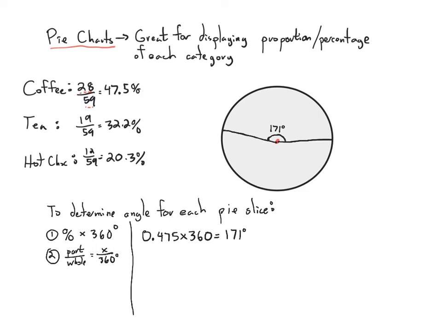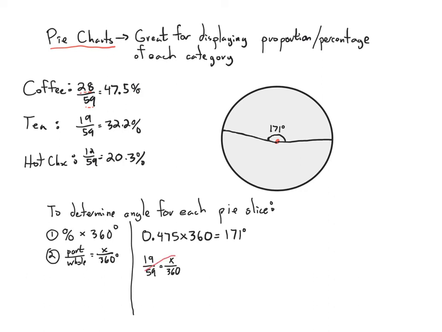Now to determine the second one, let's do it the other way. So it's 19 over 59 equals x over 360. We need to solve for x here. Remember, this is a part-whole comparison. So the part to the whole of the students, 19 out of 59, we want that to be in proportion to the part of our circle over the whole of our circle. So that's what we're doing here. It's just a little proportion calculation.